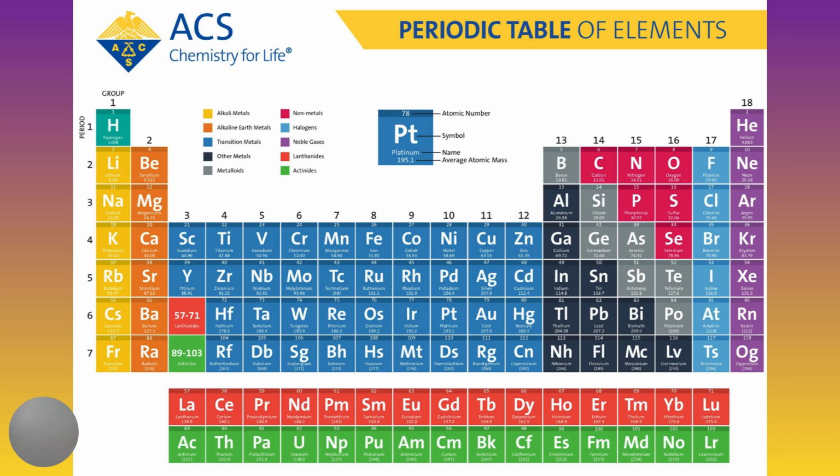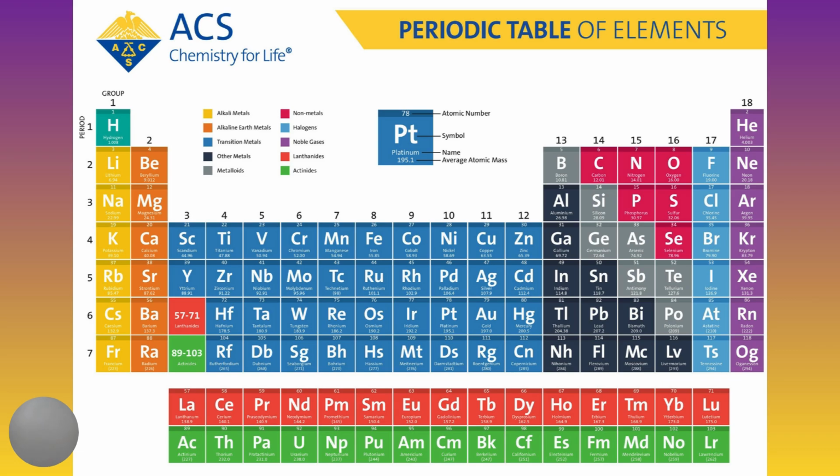As you can see here, the number at the top we call the atomic number. Let's focus on hydrogen. Look at the letter H. That is the element symbol. If I say element name, you say hydrogen.